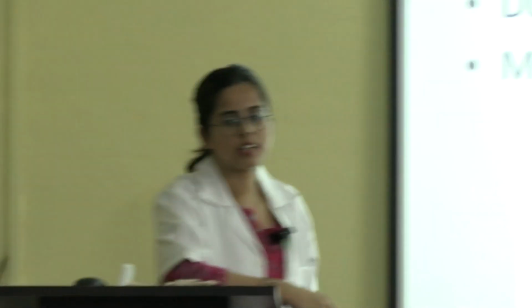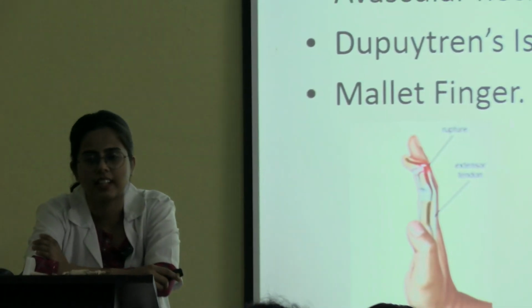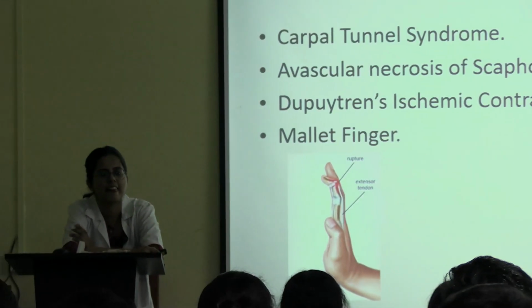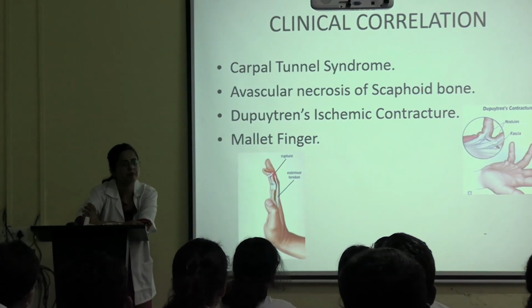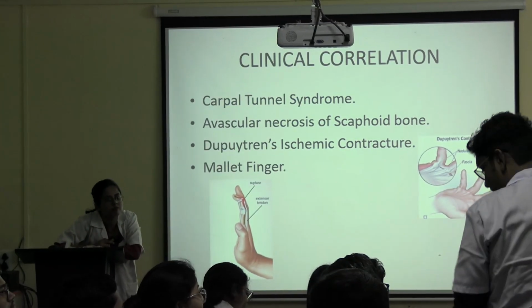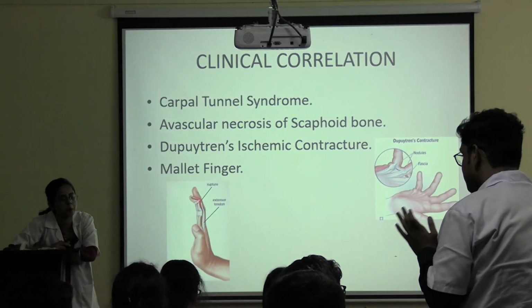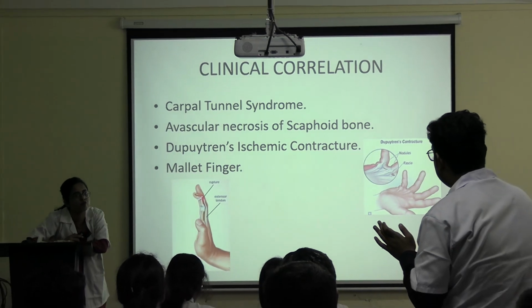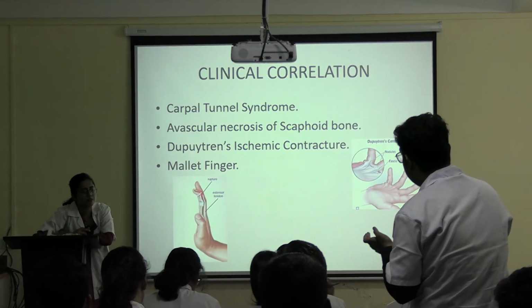Now, avascular necrosis of scaphoid I have explained. Can anyone tell? Stand up, I cannot hear. If someone falls like this, too much pressure is given here, and the blood vessel stops.